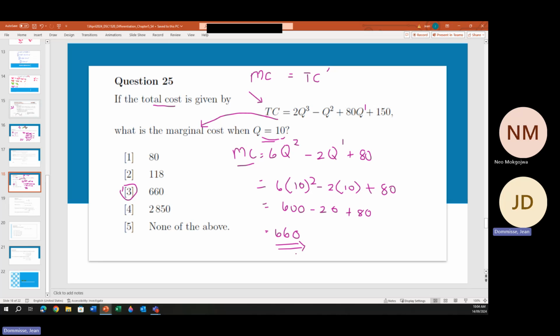Again, they are very sneaky. So if you have used this function from the start, and if you have then put in 10 into that function, you would have actually gotten 2850. So again, that's why I just wanted to bring this in with this section, because we are busy with differentiation.